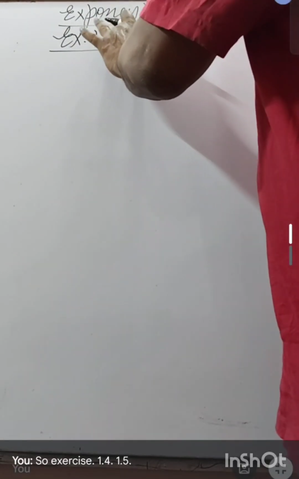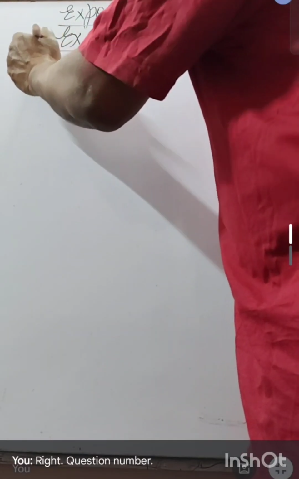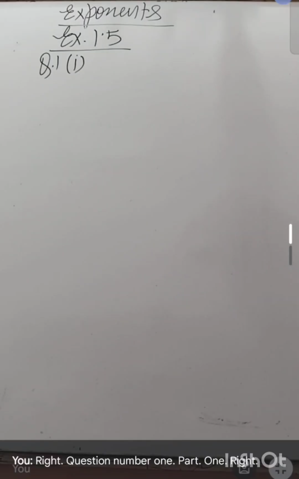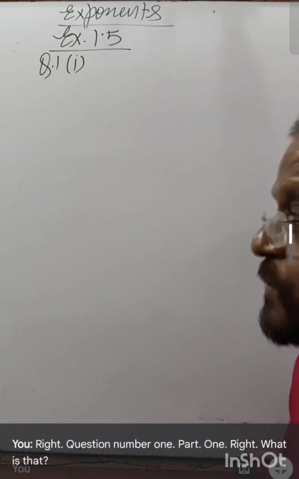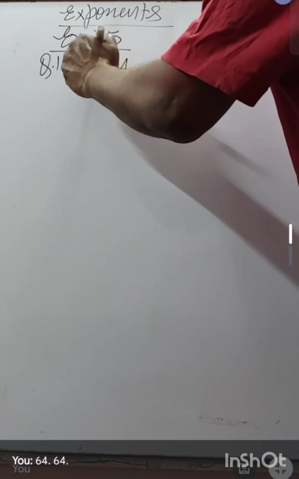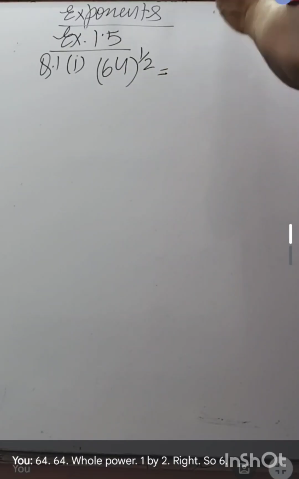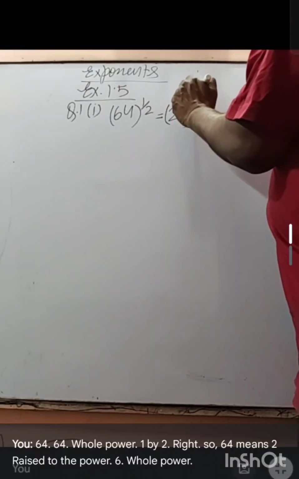So exercise 1.4, 1.5. Question number 1, part 1: 64 whole power 1/2. 64 means 2 raised to the power 6 whole power 1/2.